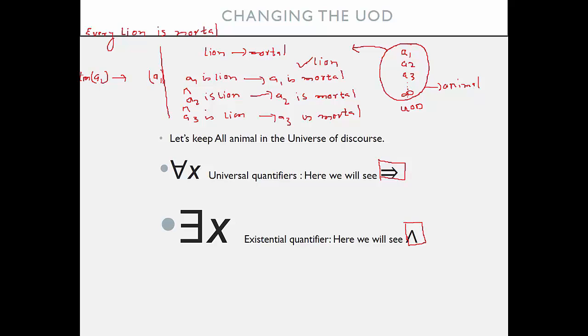A1 is mortal. Similarly over here, A2 is lion, then A2 is mortal. It is along with AND.